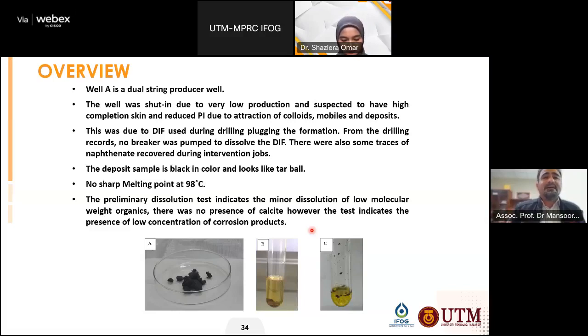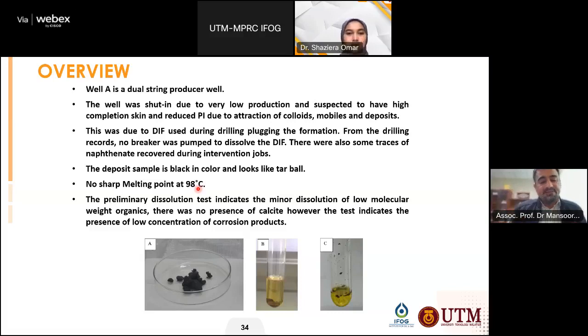The deposit sample, as you can see, was black in color and looked like a tar ball. There was no sharp melting point, at 98 degrees centigrade. The absence of a sharp melting point could provide useful clues about the nature of the composition of the substance. It could suggest that the deposit is a mixture of different compounds, or that it has a complex molecular structure.